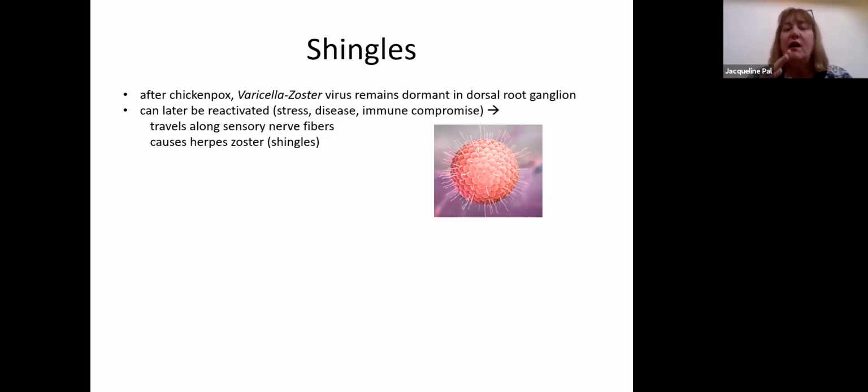Stress of a marriage, a divorce, a death of a loved one, okay? Buying a house, selling a house, final exams, okay? Any kind of disease process or any kind of immune compromise, all of those things can reactivate this virus. And what it does when it's reactivated, it's going to travel along the sensory nerve fibers and cause the disease called shingles, whose real name is herpes zoster, thus the zoster of varicella zoster.